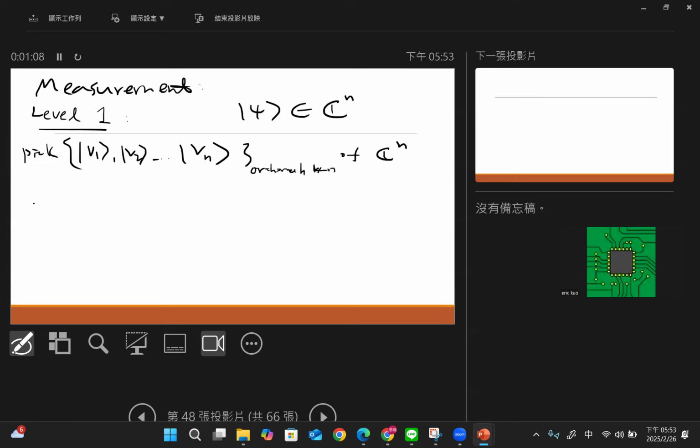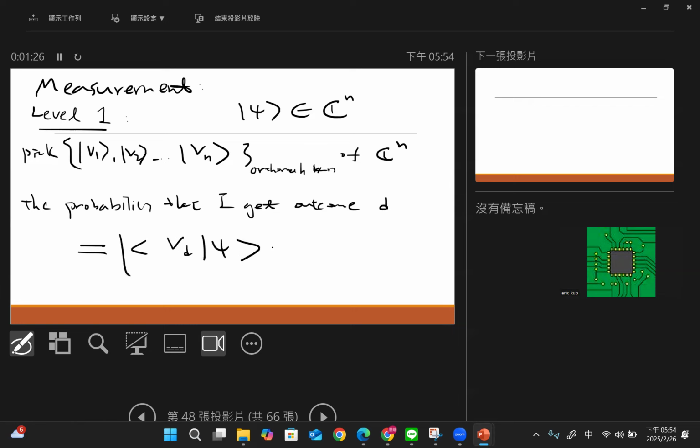Then I say that the probability that I get outcome d is the inner product of vd with psi, absolute value squared.